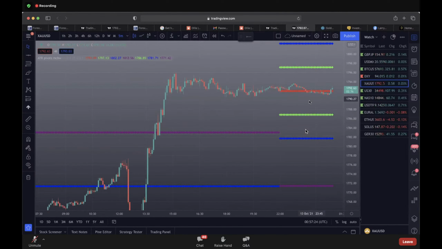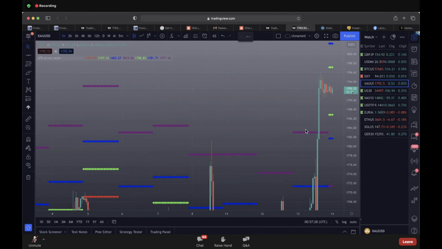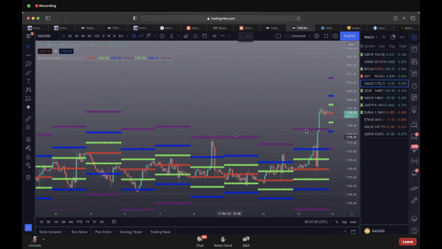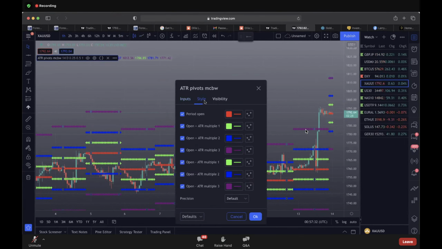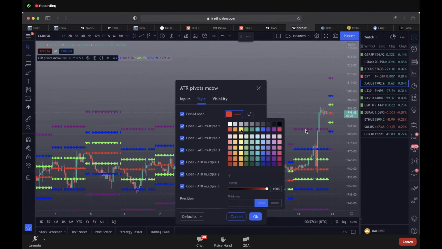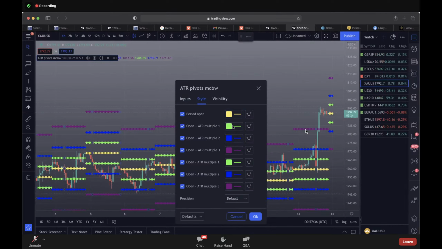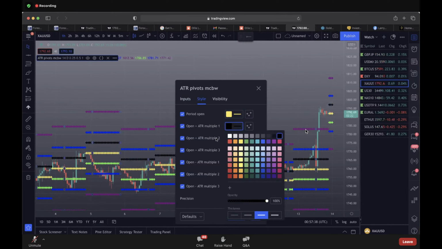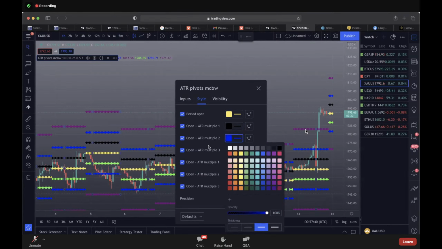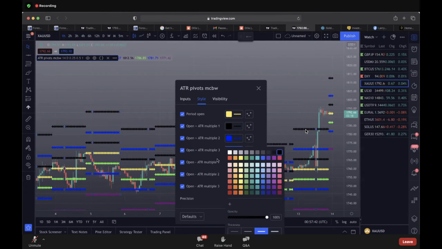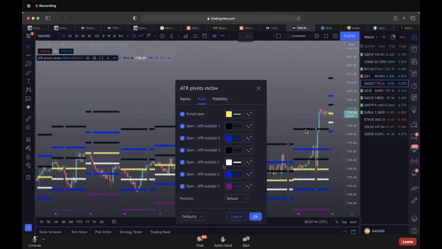ATR-based pivot points. Okay. Now these levels are great. What they do is they are essentially almost like deviations. Your period open should be red. Black, white.